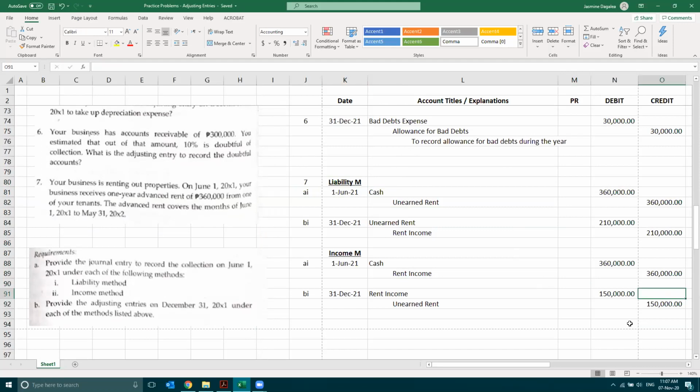May questions kayo? May hindi kayo naintindihan? Kailan yan i-submit, ma'am? Lagi naman 1 week yung duration ng quizzes. So, kapag binuksan ko today, after 1 week yung submission.